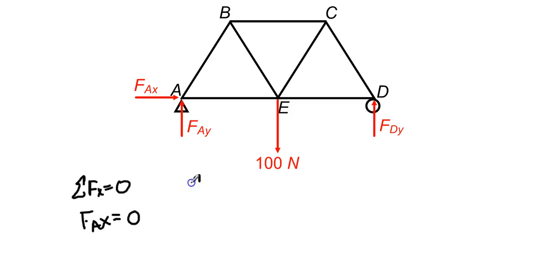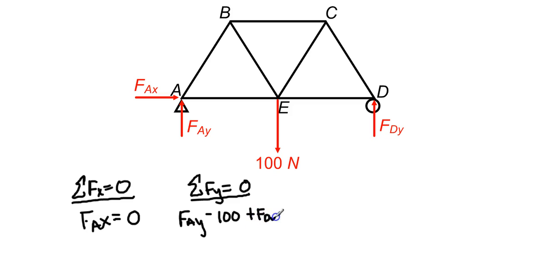Next we look at the sum of the forces in the Y direction. We've got a couple different ones. Again, because it's in static equilibrium, the sum of those forces is equal to 0. We've got the force at A in the Y, the 100 Newton force coming downward, so minus 100, and the force at D in the Y direction.